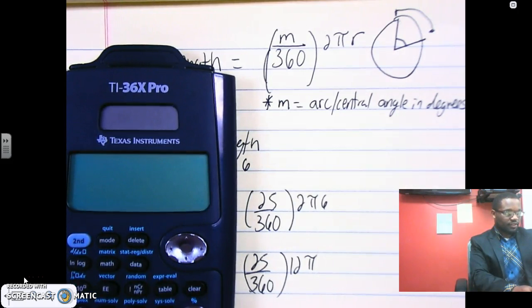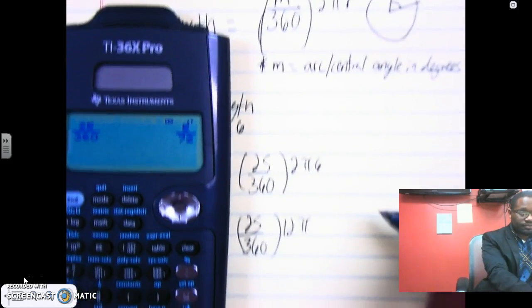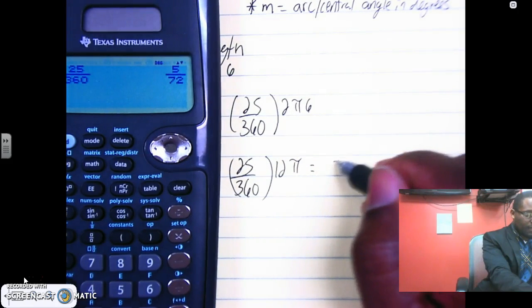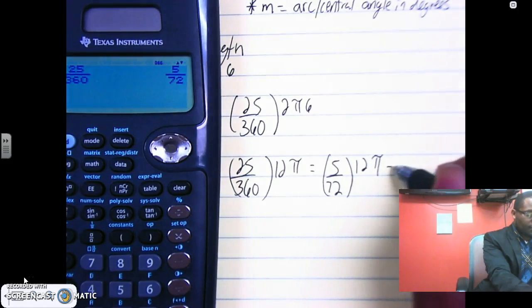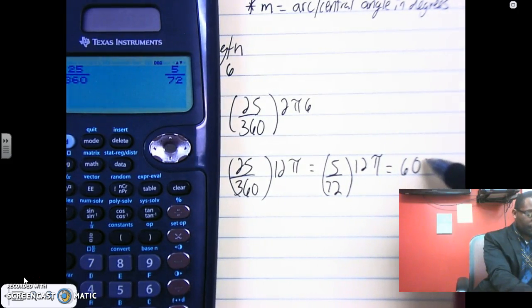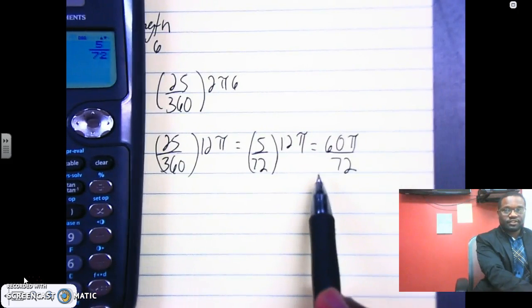I'm going to say first, in my calculator, 25 over 360. That reduces to 5 over 72. So that's the same thing as 5 over 72 times 12 pi, which equals 60 pi over 72. Just multiplying straight across. That's what you do with fractions.